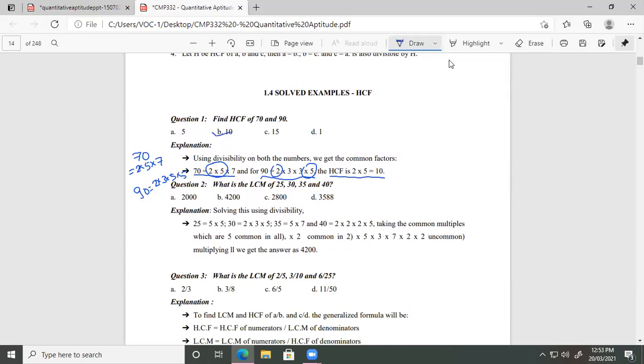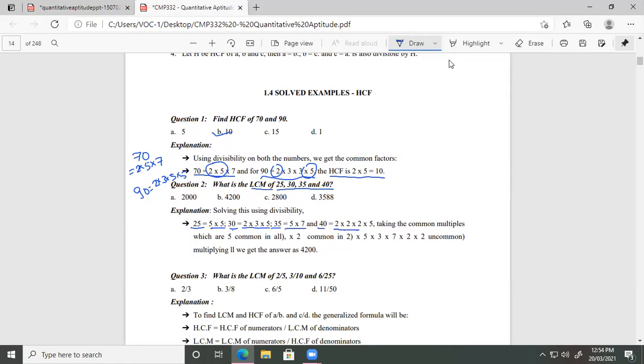Okay, then you have to find the LCM of 25, 30, 35 and 40. So the factors of 25 will be 5 into 5. Factors of 30 are 6 into 5, that is 30. Factors of 35 are 5 and 7.